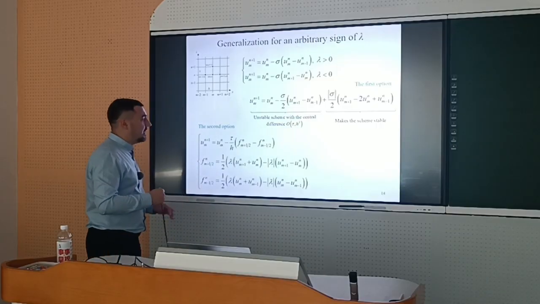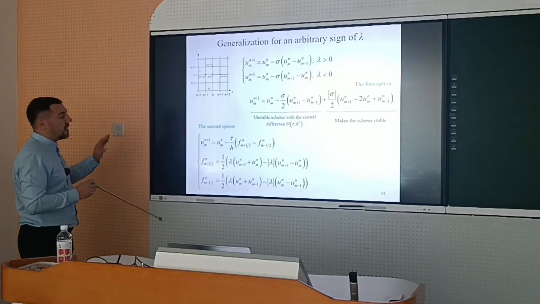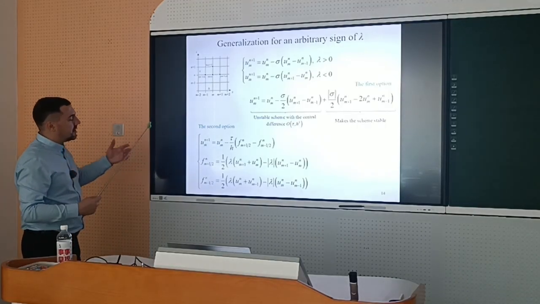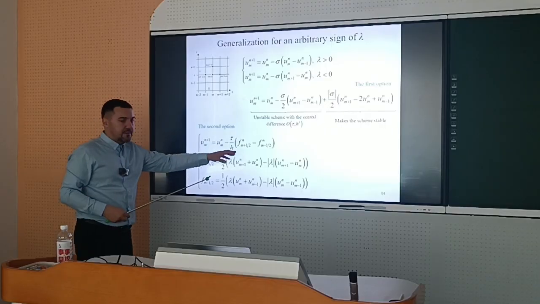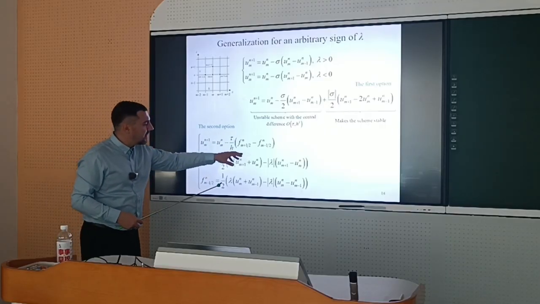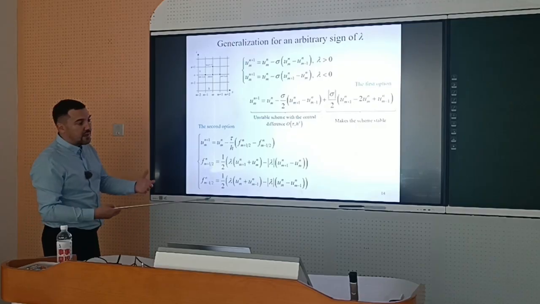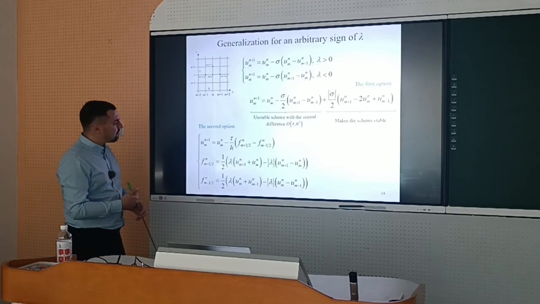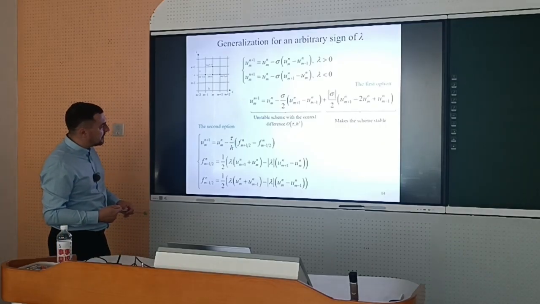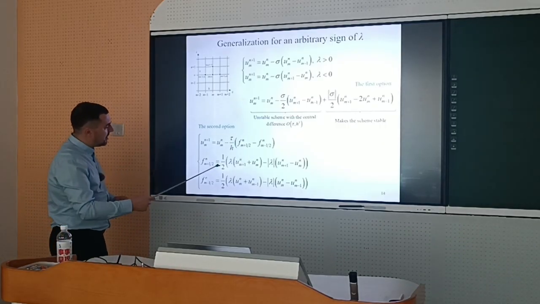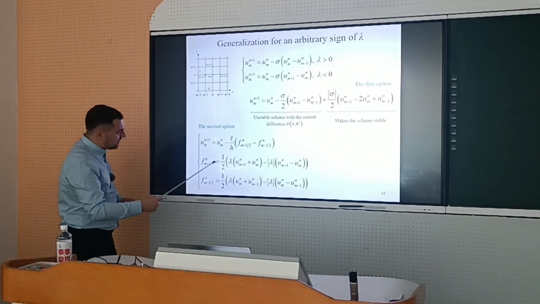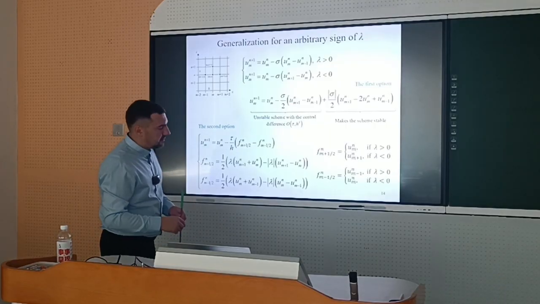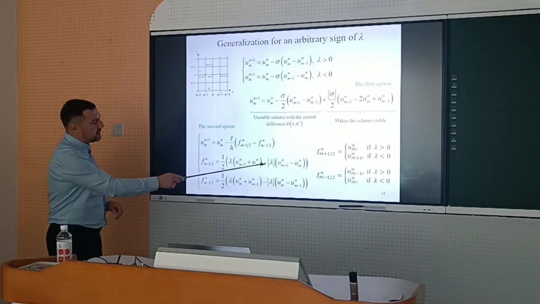Much more important for us is another way we can generalize these two formulas into one. Let's introduce some object called f at m plus 1/2, n. So f is the numerical flux. This is much more interesting for us. We can generalize them in the following manner. f equals 1/2 of these terms, and again, the main idea is that we use mod lambda.